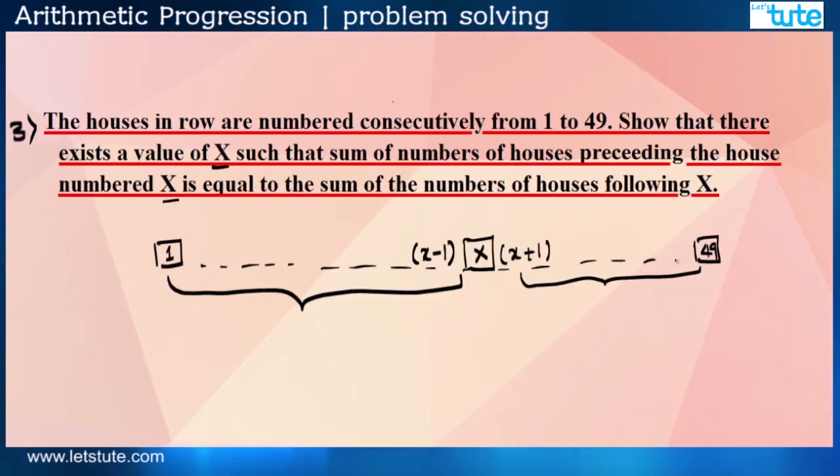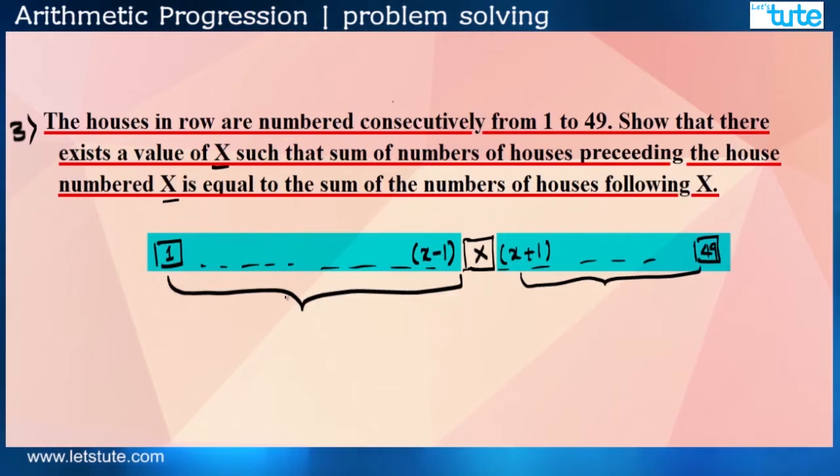Right? So you have got actually two arithmetic progressions. In other words, the first one is 1, 2, 3 and so on to x minus 1, and the second one is x plus 1, x plus 2 to 49.